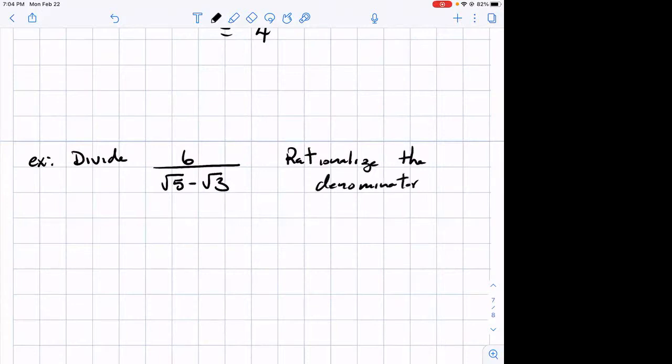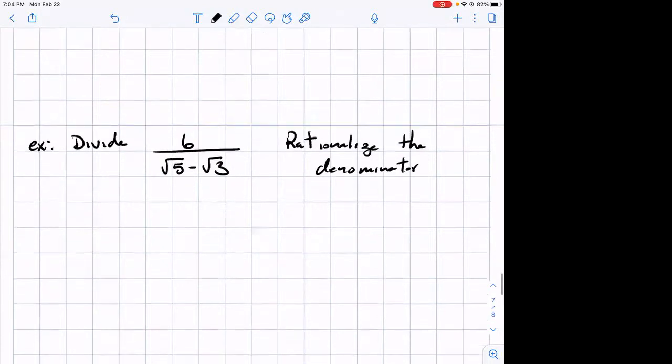And remember, rationalizing the denominator means write your denominator without a radical or without a root. Okay? That's what it's basically saying. Write it without a root. Okay?